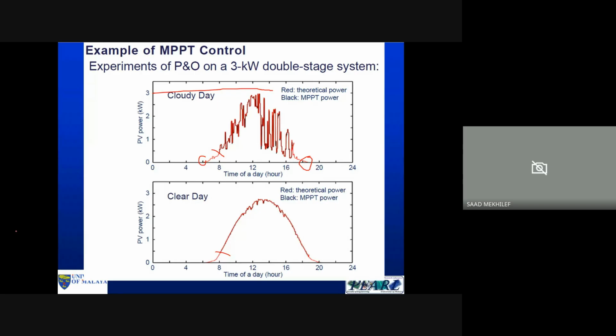You got what I mean? So this additional hardware has dual objectives, which is to track the MPPT and also maintain the voltage on the DC bus. Does that answer your question? Yeah, got it, sir. Any other questions before we move on from the MPPT?